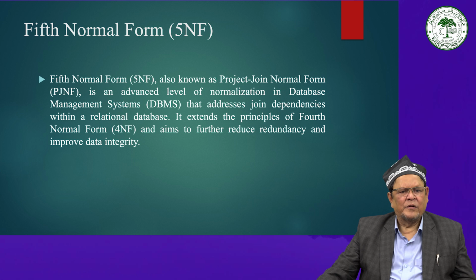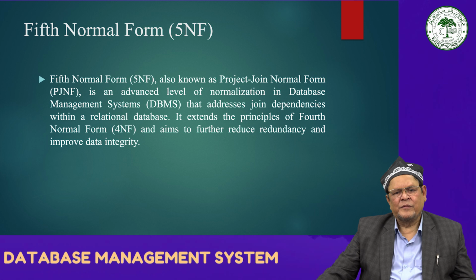In fifth NF, a table must meet the following criteria: be in 4NF. Before the table can achieve fifth NF, it must first satisfy the requirement of the fourth normal form, including being in first, second, and third normal form and having removed multi-value dependencies.